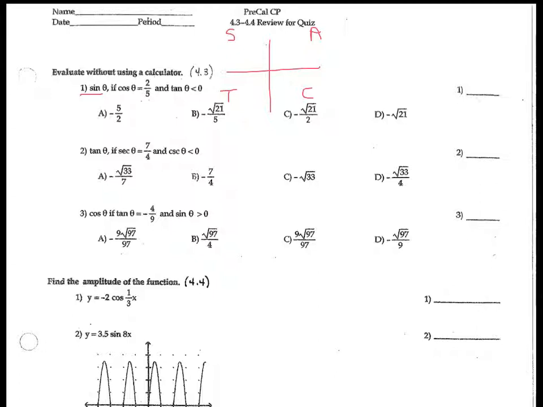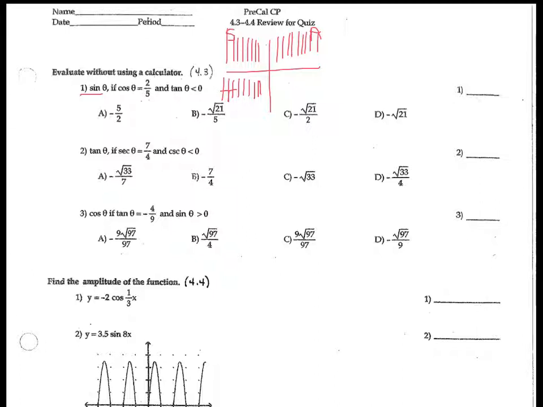Tangent is negative, which means that it cannot be in the third or the first quadrant. If cosine is positive, it's on the fourth quadrant, so we eliminate the second quadrant. On the fourth quadrant, we have cosine that is adjacent over the hypotenuse.